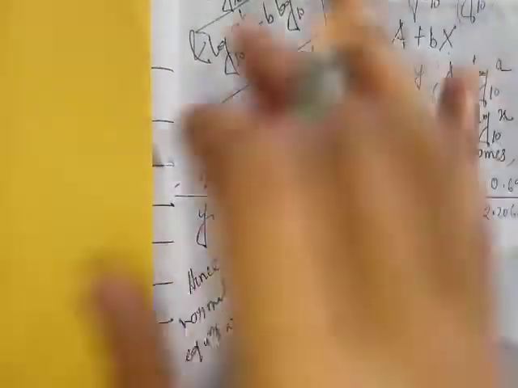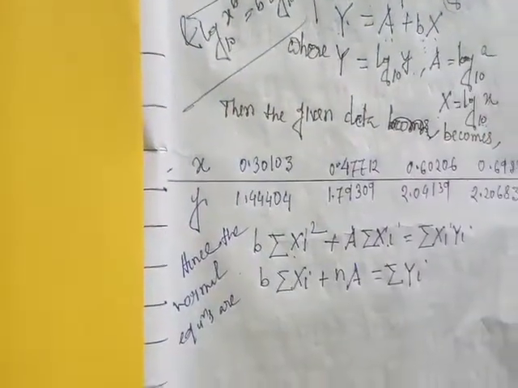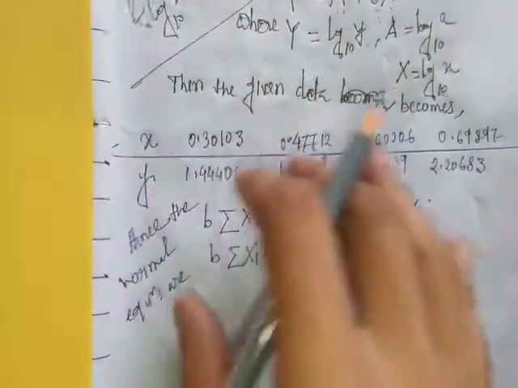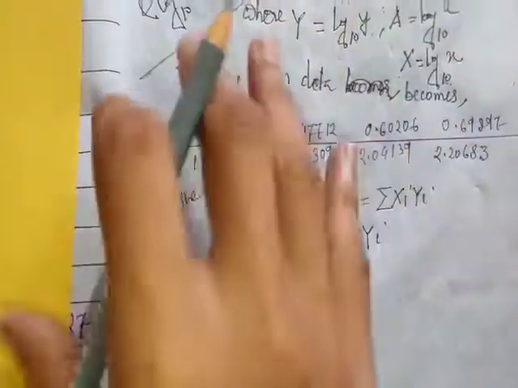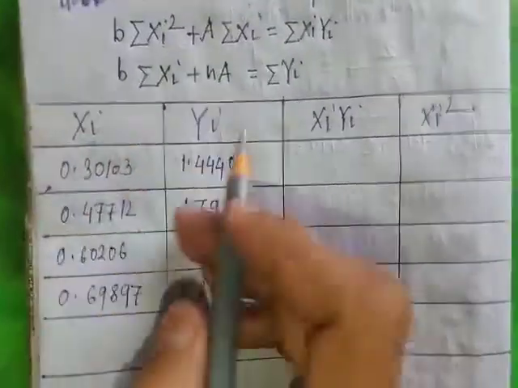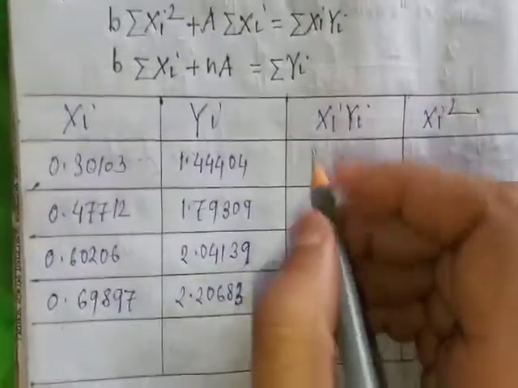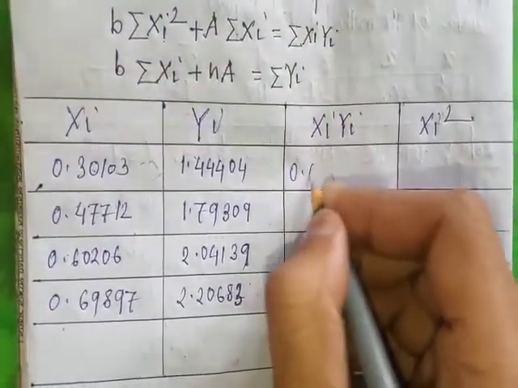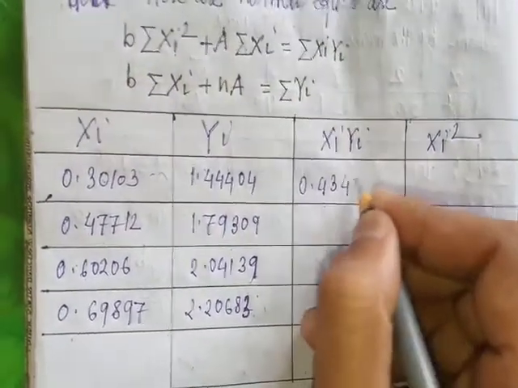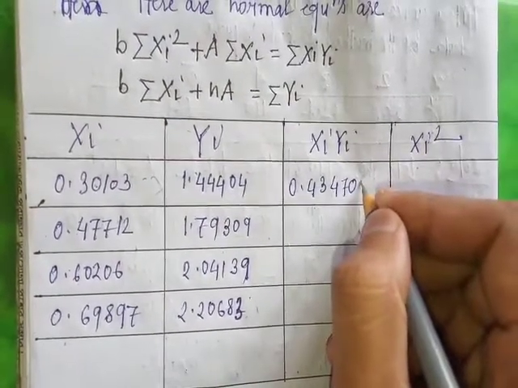After putting these values of x and y in this table, ultimately we get this. So xi into yi, this into this, is equal to 0.4347008.